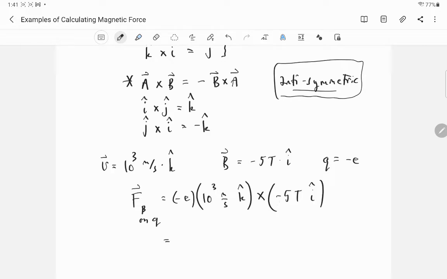So I can collect the minus signs, no problem. I'll just put the minus and the minus together. That's a plus. So I get E times 10 to the 3 meters per second. And then I've already dealt with that minus, so I'll take the 5 Tesla. That's just a number. I'll just multiply over on the 10 cubed meters per second.